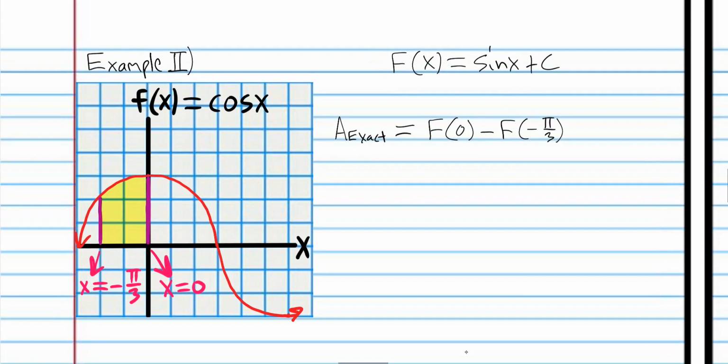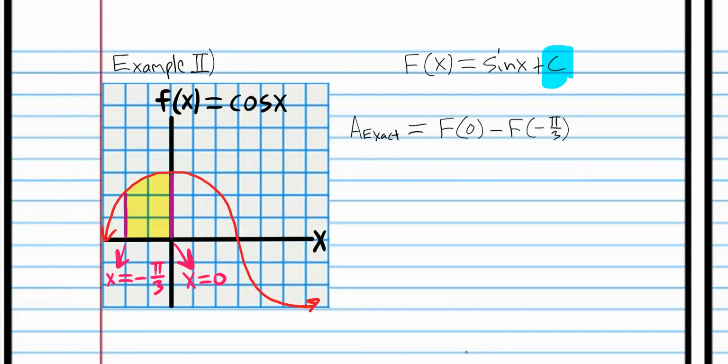Okay? And because these two functions are assumed to be exactly the same function, you're just taking an antiderivative function and you're using it for both of these. What that means is that the c value has to be the same for both of these. Okay, c can be anything. But if you're using this function here and you're also using the same function here, well, obviously the c values are going to cancel out. So they always cancel out.